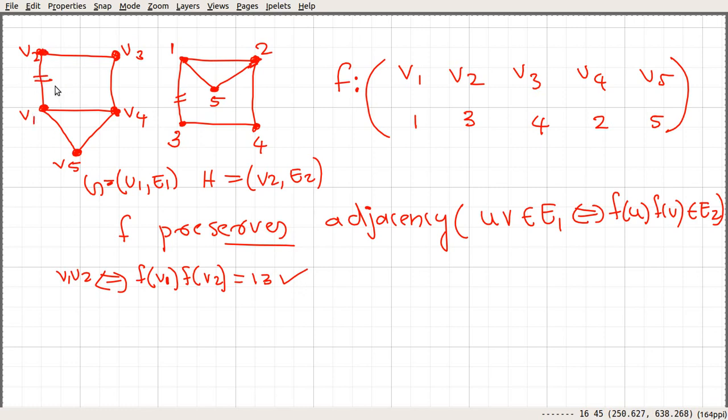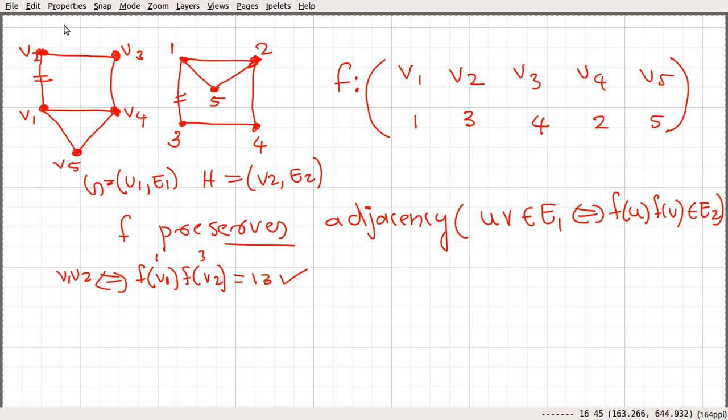That says V1 and V2 are adjacent in G, and under this mapping f of V1 and f of V2 are adjacent in H.